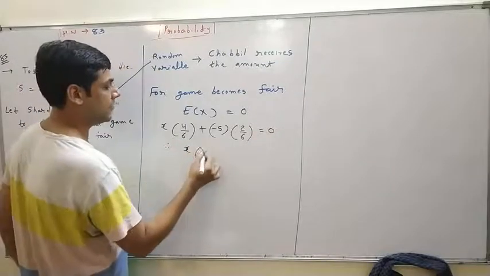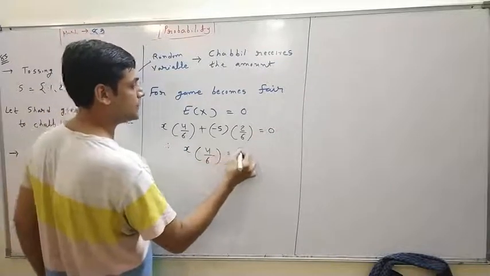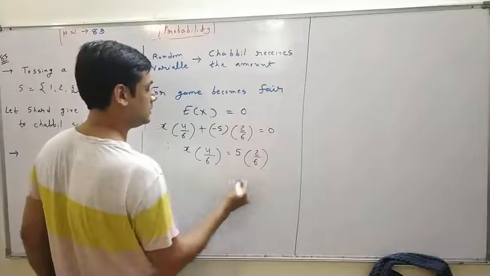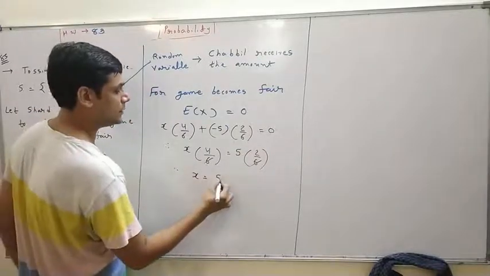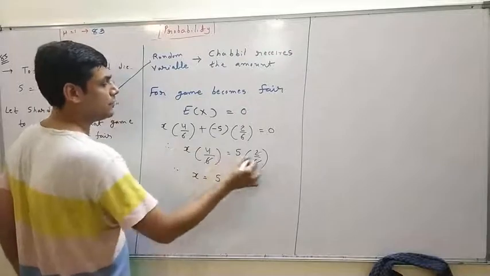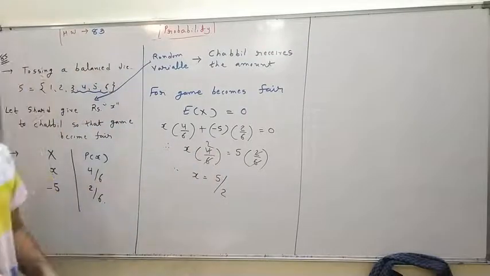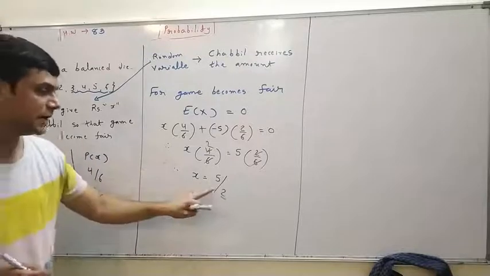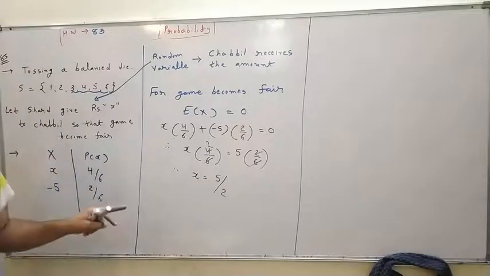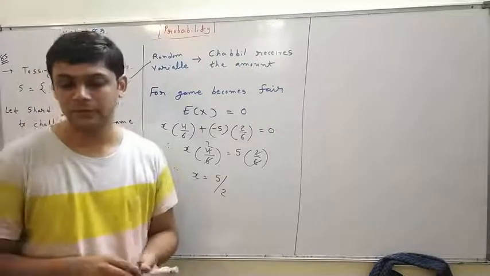So x into 4/6 is equal to 5 into 2/6. 6 cancels. So x is equal to 5/2. Means when Sarat gives rupees 5/2 to Chabil, then the game becomes fair.